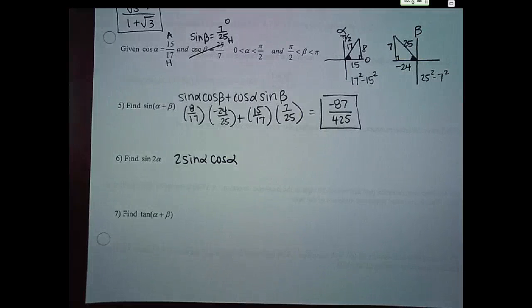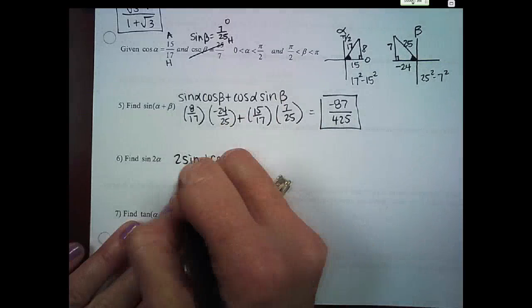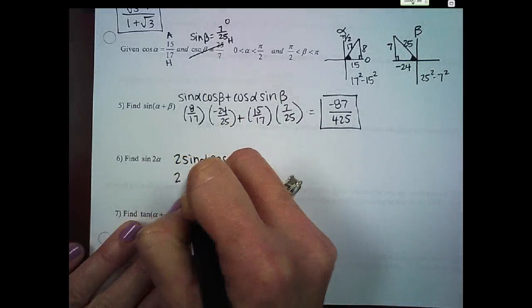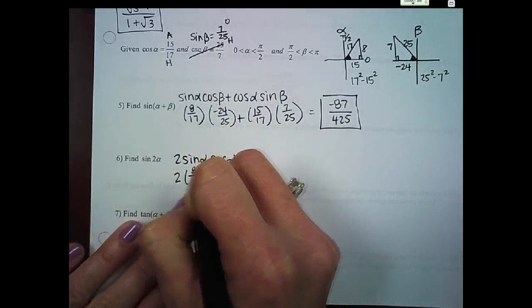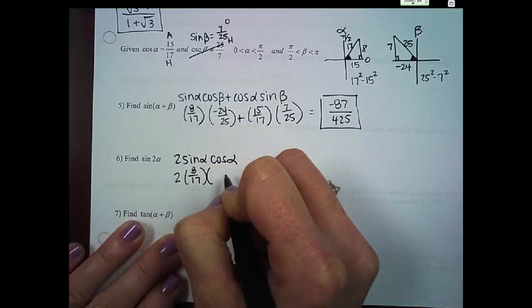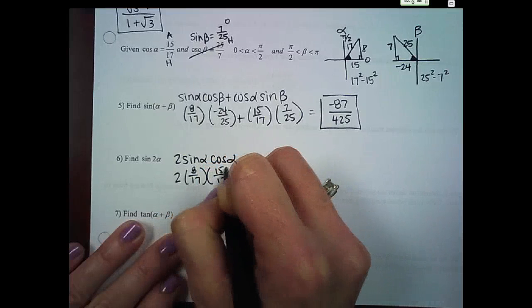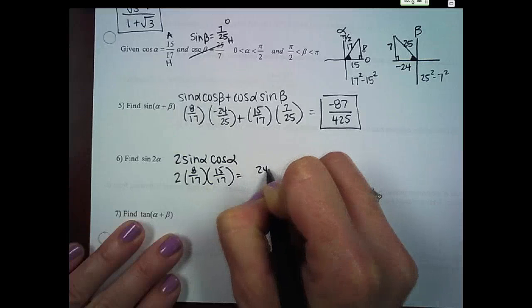Now then, cosine of alpha we already found. This is just 2 times 8/17 times 15 over 17. And our answer is 240 over 289.